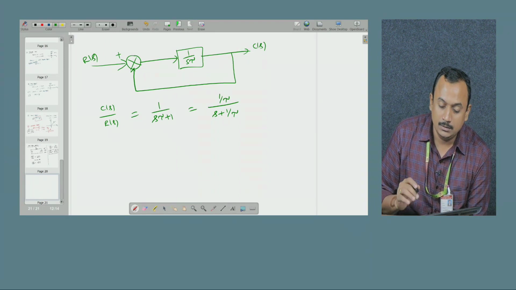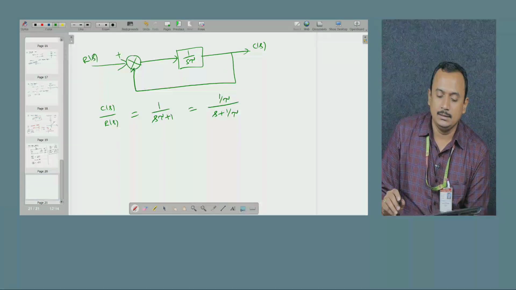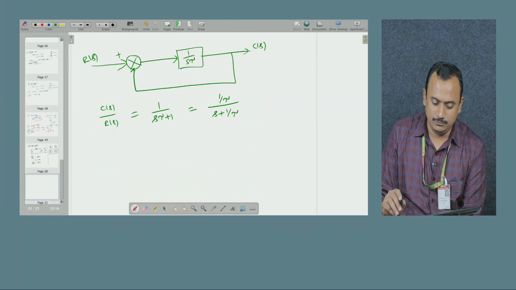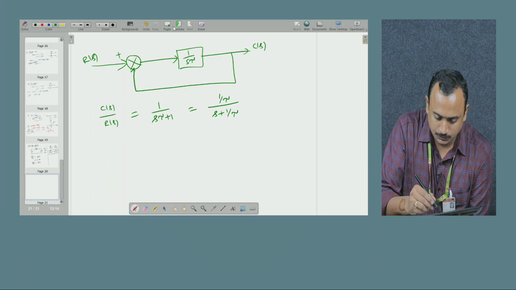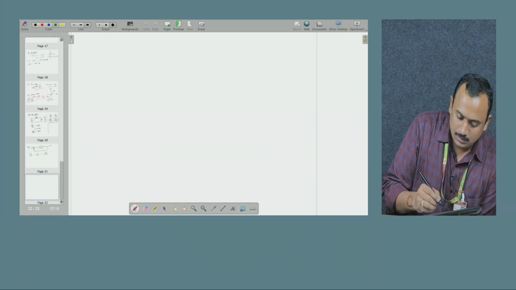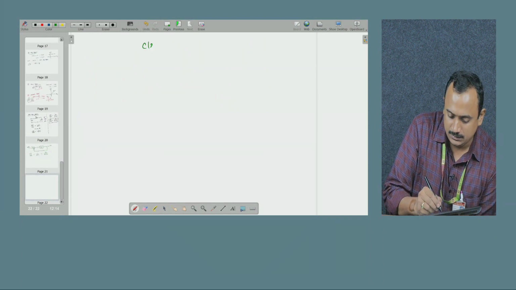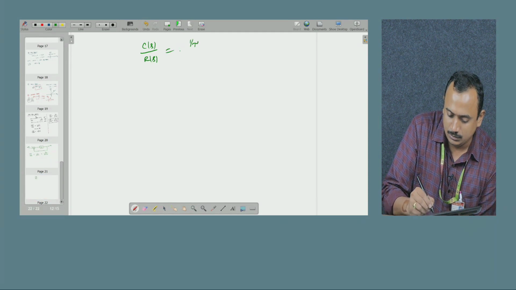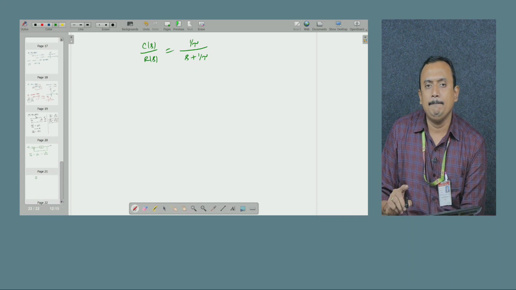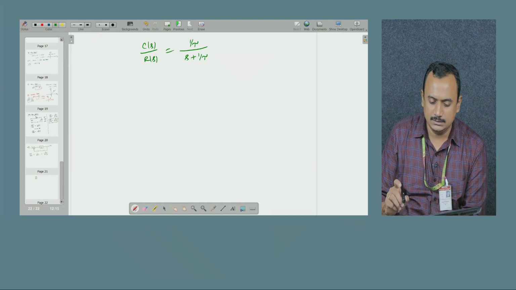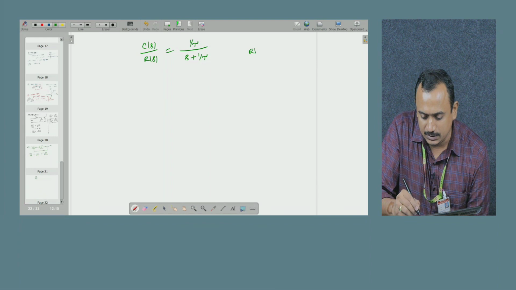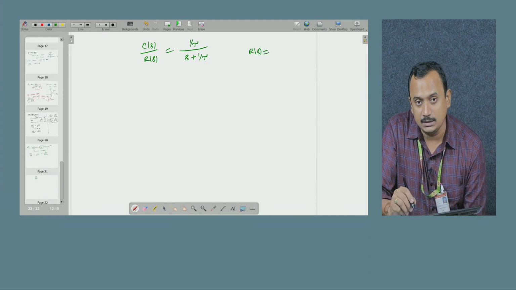Now let us see the impulse response of the first order system. What is the first order system transfer function? C of S by R of S is equal to 1 by tau by S plus 1 by tau. For impulse response, the input is an impulse signal.